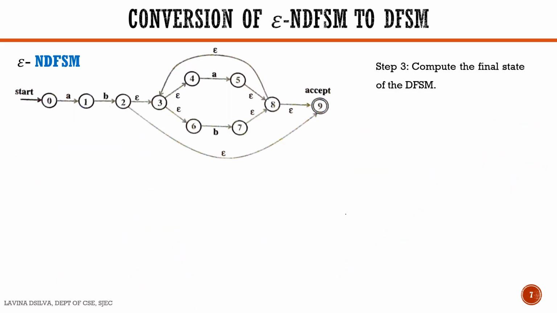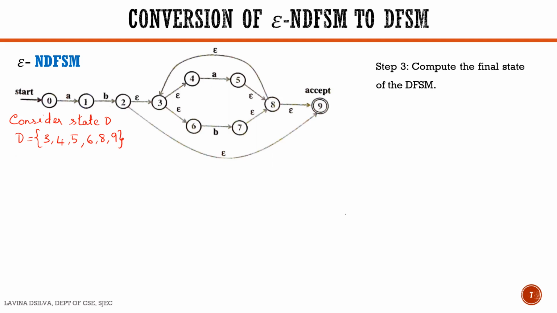Next, we will consider state D. Now, considering state D, so D is equal to 3, 4, 5, 6, 8, 9.